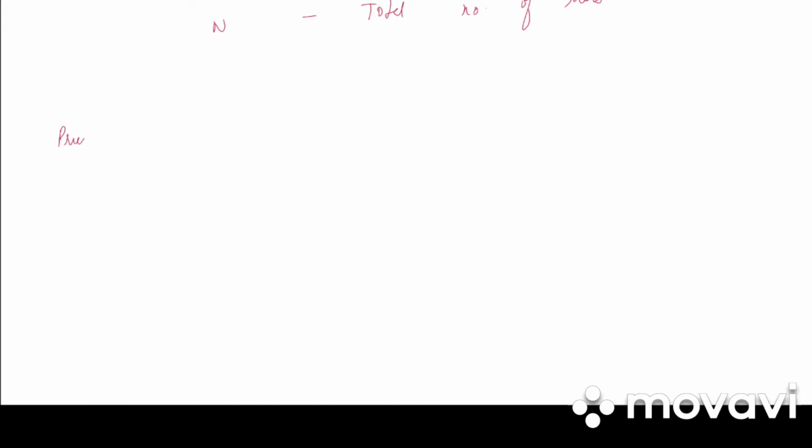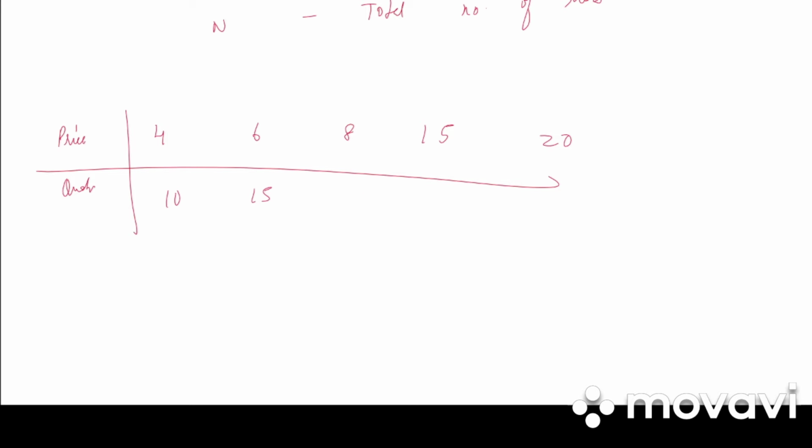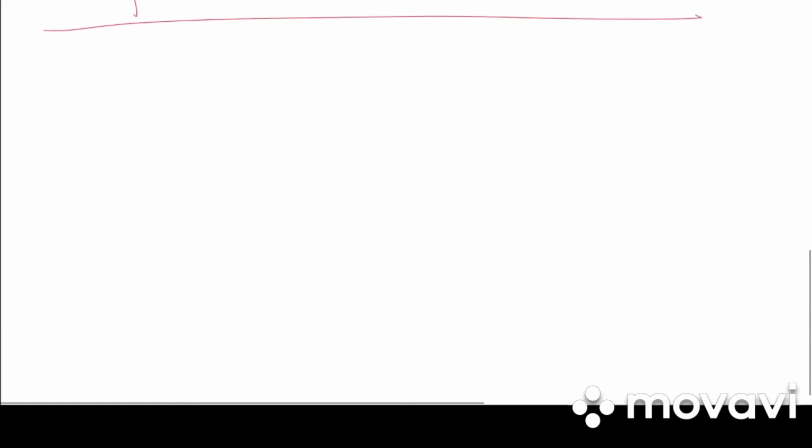So take down an illustration. They have given us price and quantity: 4, 6, 8, 15, 20 and 10, 15, 20, 25, 30. So calculate coefficient of correlation between the price and quantity. So how many columns will we have in shortcut method?